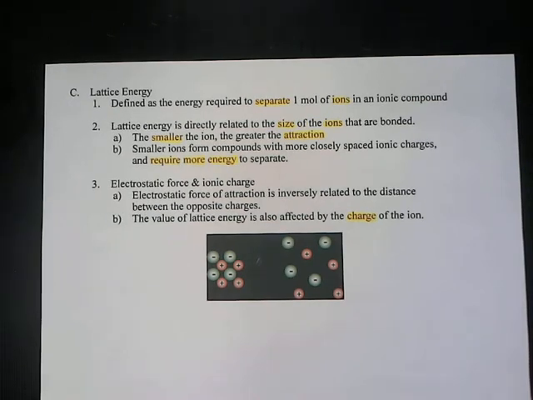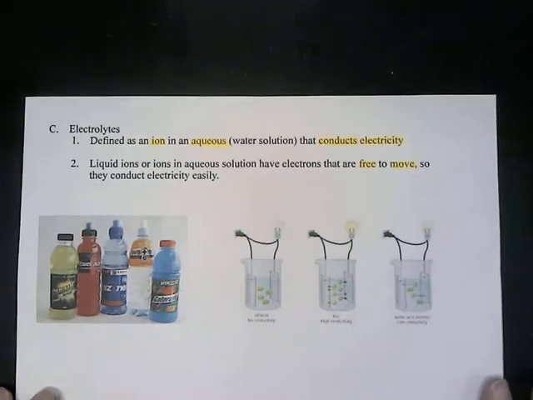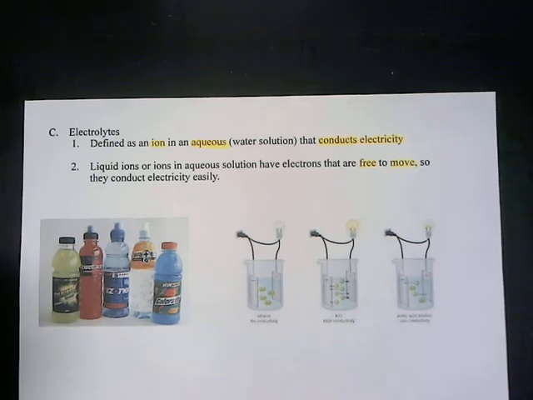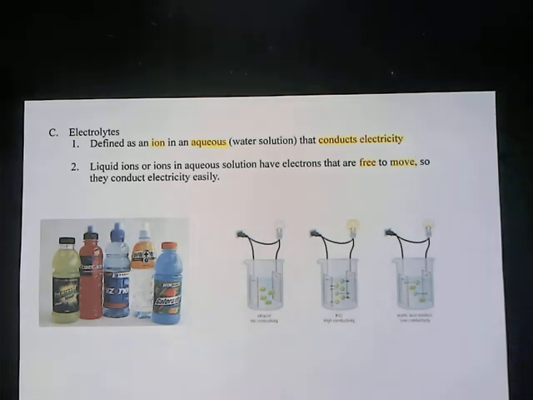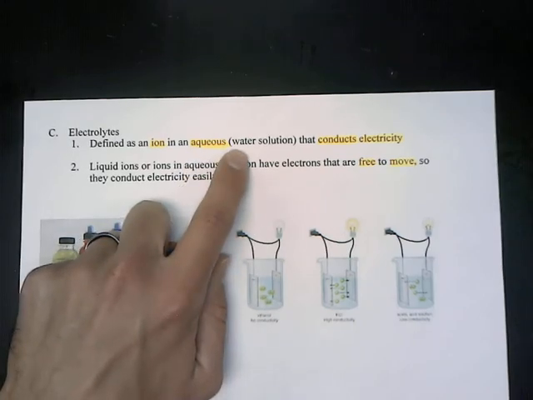The other thing we need to talk about is electrolytes. You may have heard that before in Gatorade and Powerade and things like that, but it is defined as an ion in an aqueous solution that conducts electricity. Let's break this down. Aqueous means you're in water.